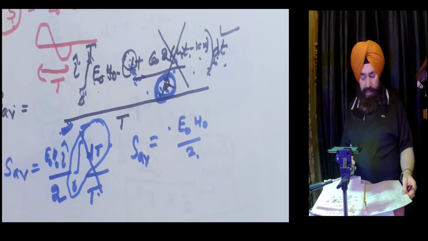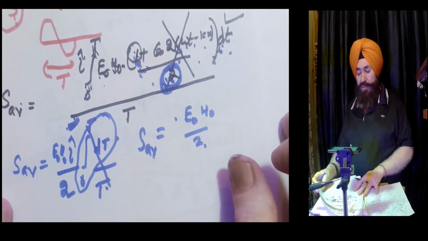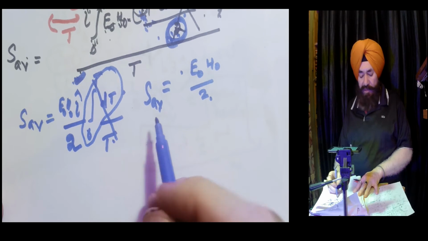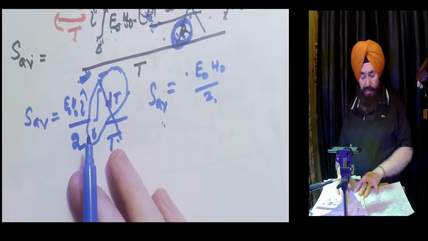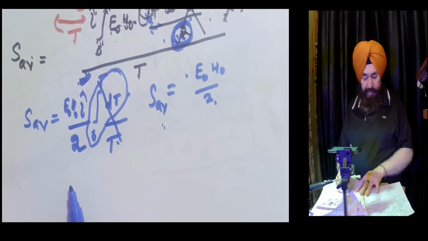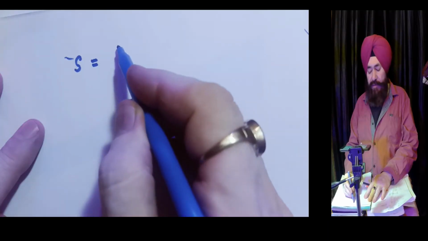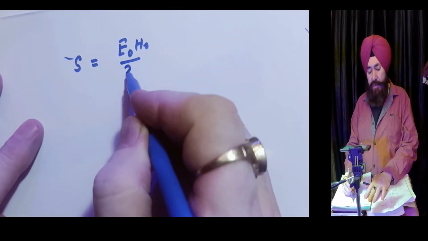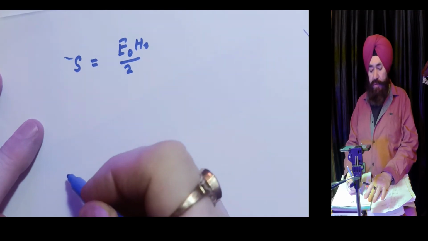So this is energy density, this is Poynting vector, average Poynting vector. Now you know very well, I just proved that average value of the Poynting vector is E naught H naught by 2. Okay?